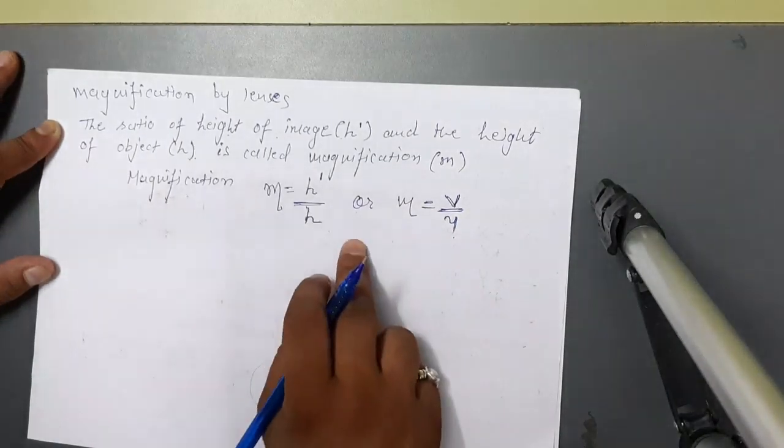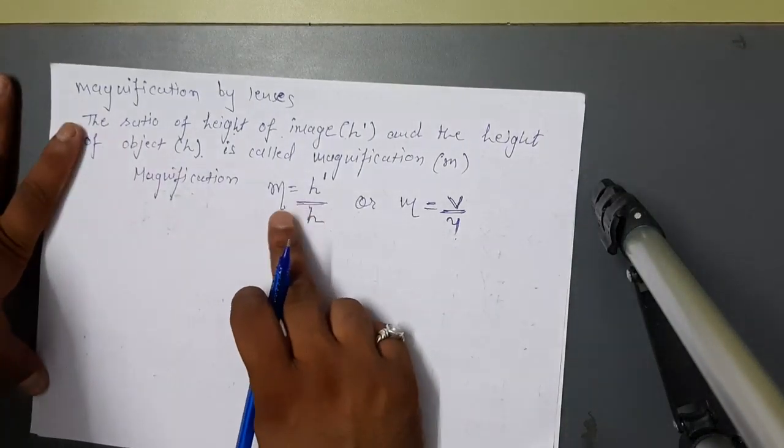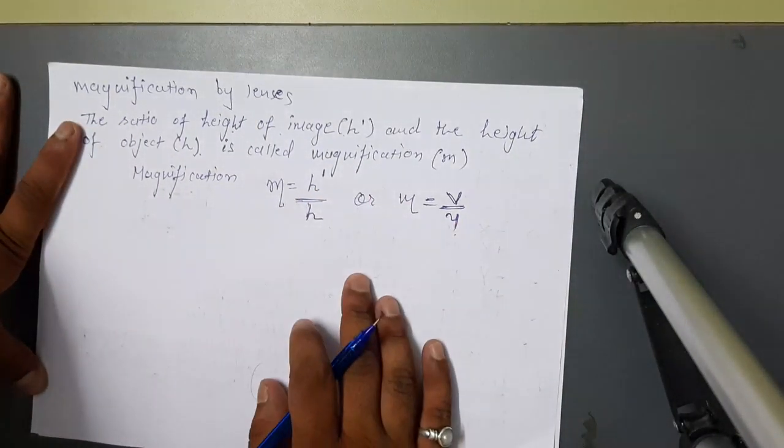For a mirror it was negative, but for a lens the magnification will be similar.